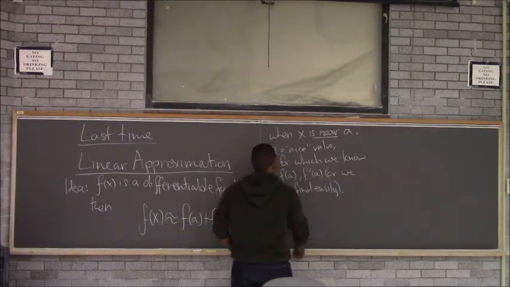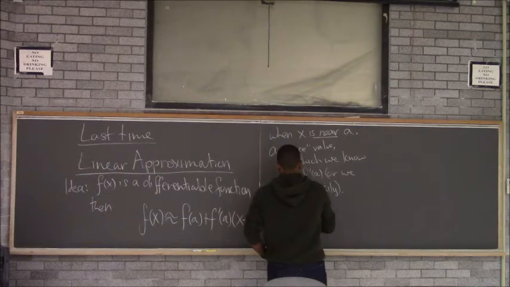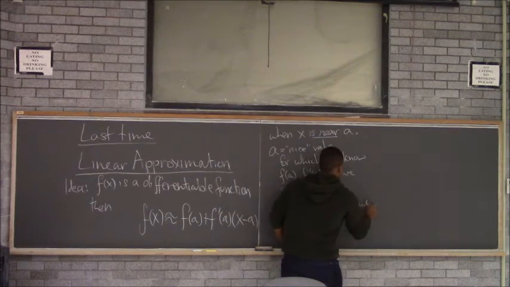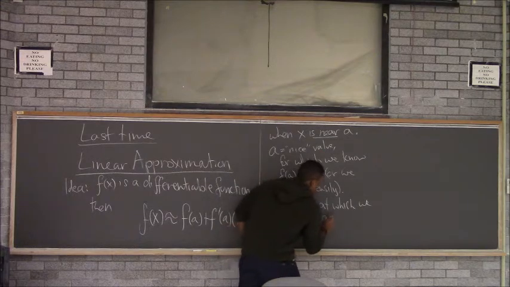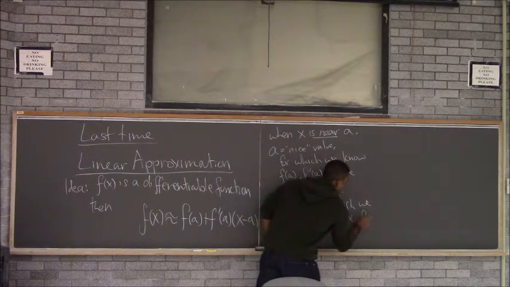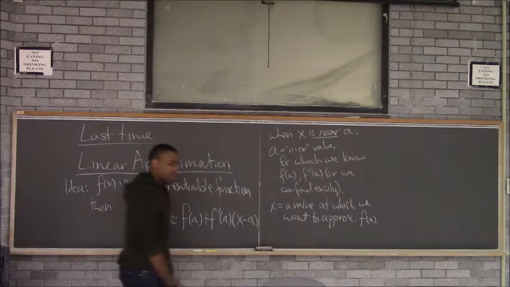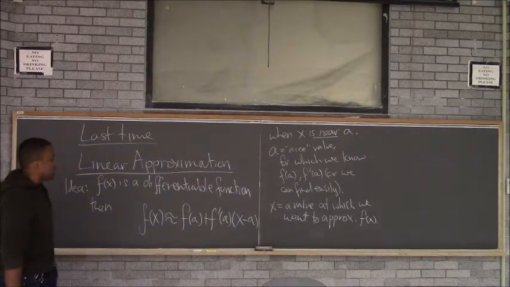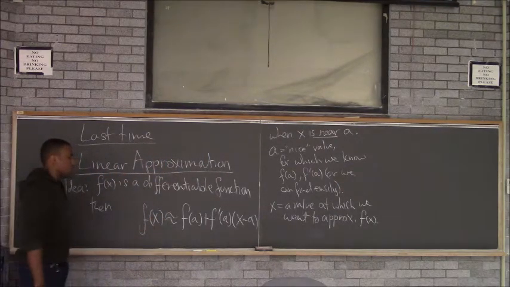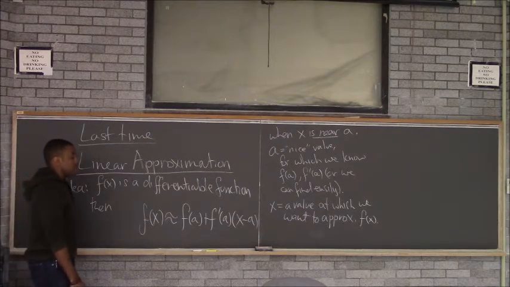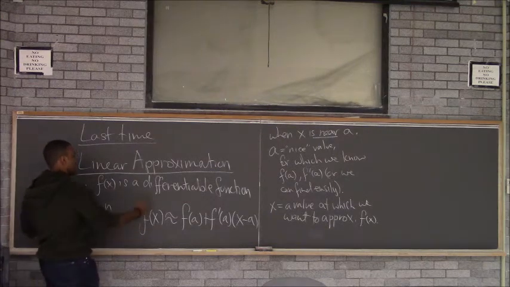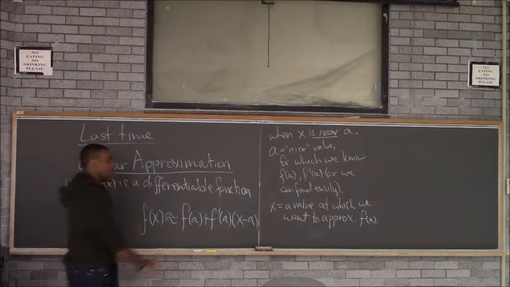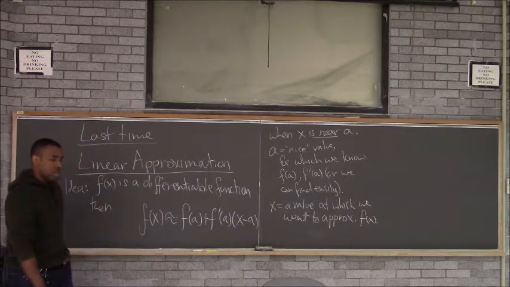And x is the point at which we want to approximate. So, if we have a function, assuming we can differentiate it, this approximation will hold. The closer x is to a, the better the approximation will be. So this allows us to figure out some unknown information if we know some previous information.